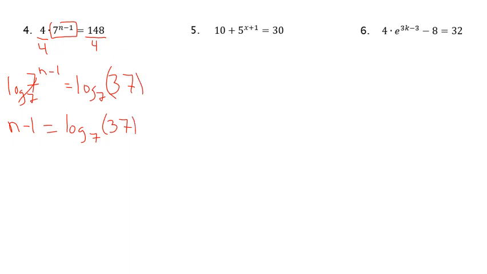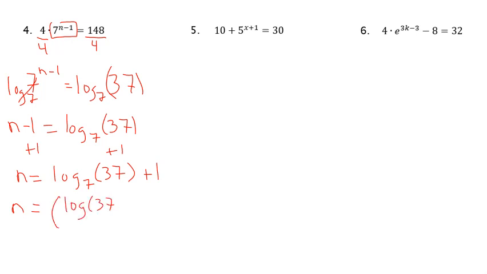And then I have an n minus 1, so I'm going to add 1 to both sides. And then I do have to do the base change formula because I'm doing base 7. So I might rewrite that part here. And so our final answer, if we put all of that into our calculator, we would get 2.86.